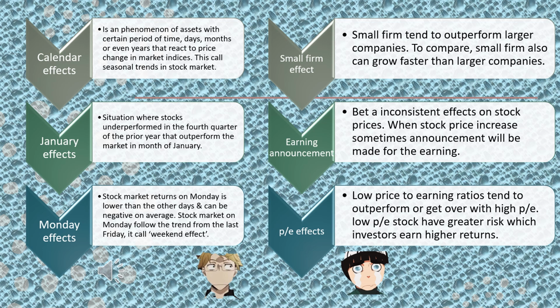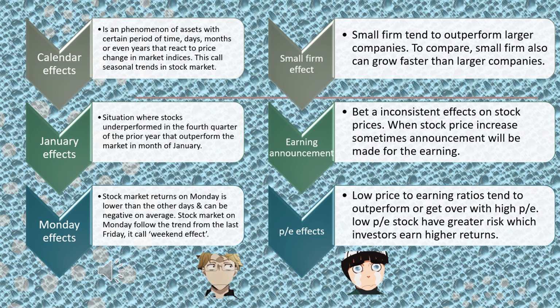The third one is the Monday effect. Stock market returns on Monday are lower than on other days and can be negative on average. So the stock market on Monday follows the trend from the last Friday. It is also called the weekend effect. And the fourth one is the small firm effect.